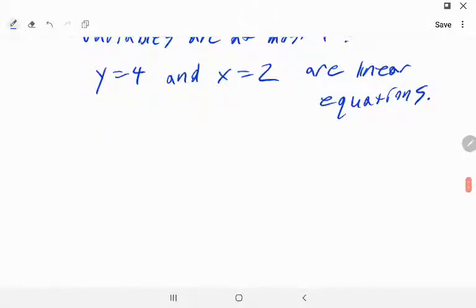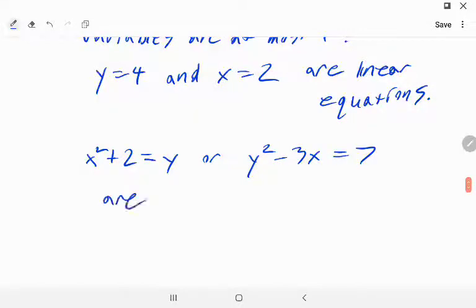In particular, if we said something like x squared plus 2 equals y, or y squared minus 3x equals 7, those are not linear equations because they have exponents higher than 1. We'll talk about those later.